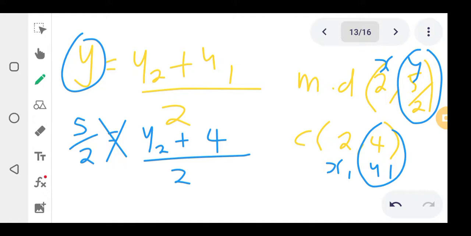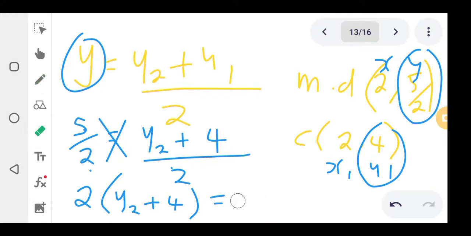So this 2 we are multiplying by that. So this 2 down multiplies by open bracket y2 plus 4 close bracket is equal to this 5 times this 2 is 10.